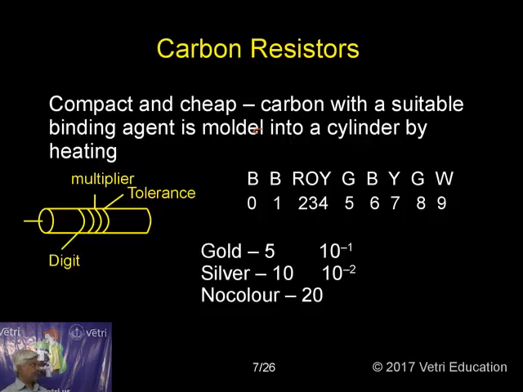We take carbon and some binding agent, molded by heating, and they form a carbon resistor. The carbon resistor has a color code from which we can find out the value of the resistor. Suppose this is a resistor given: the first two colors give the digits, the next is called the multiplier, and the last color is called tolerance.